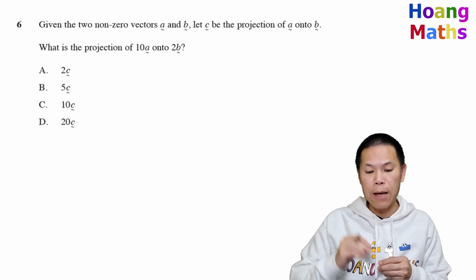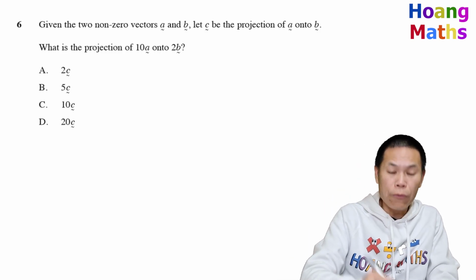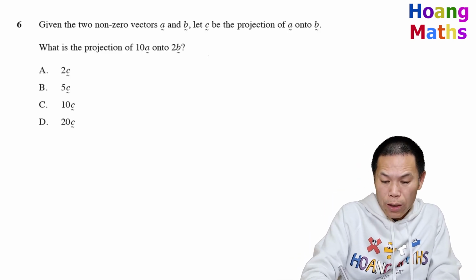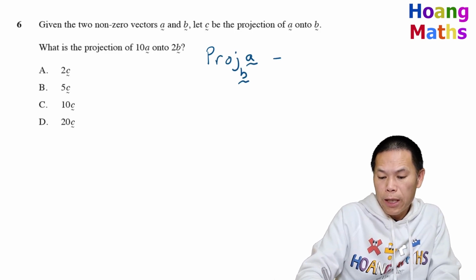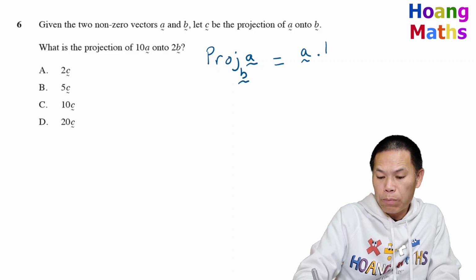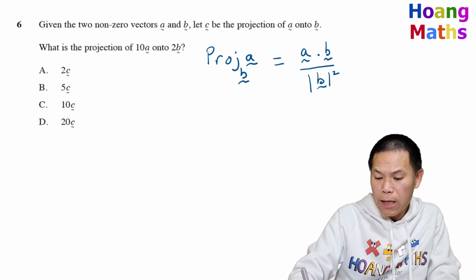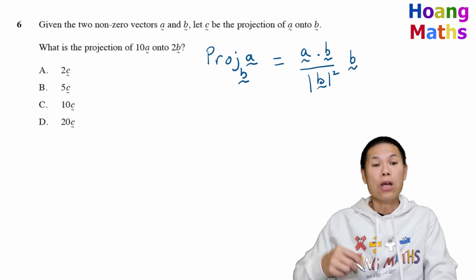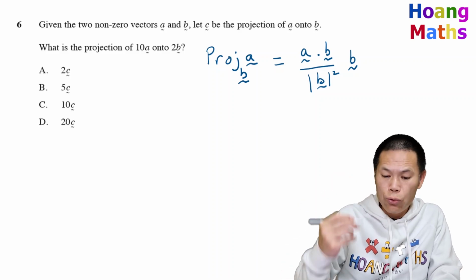First of all, we know the rule of projection: the projection of vector A onto vector B is A dot B over magnitude of B squared, times vector B.